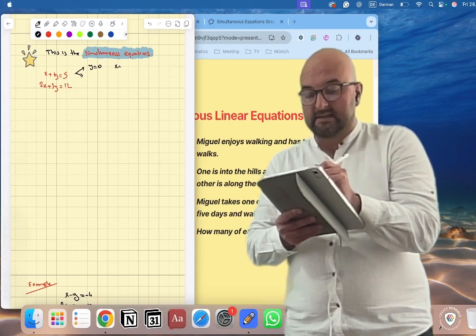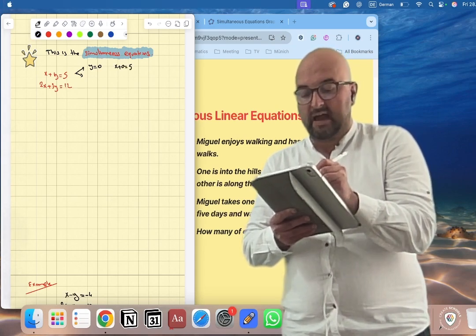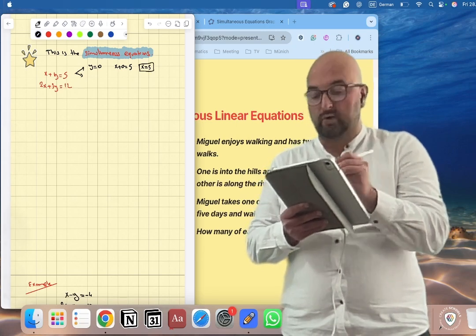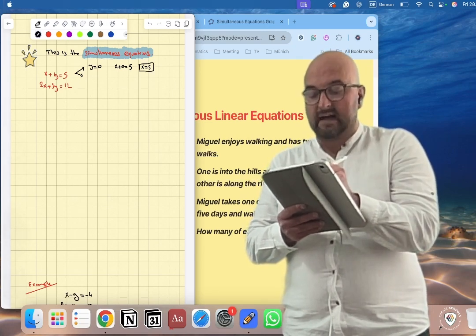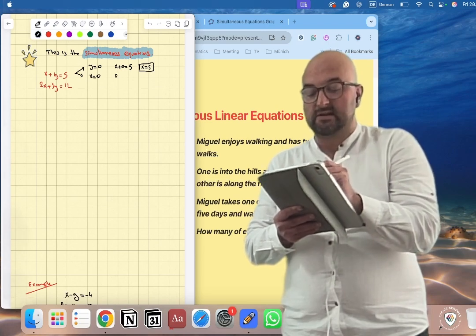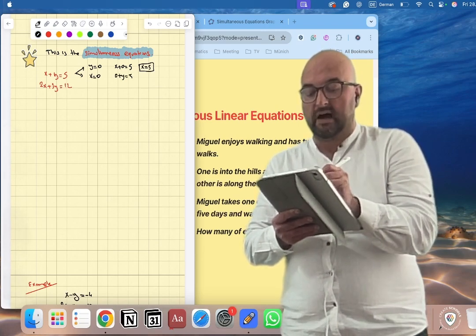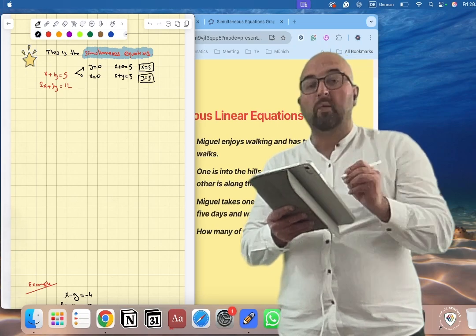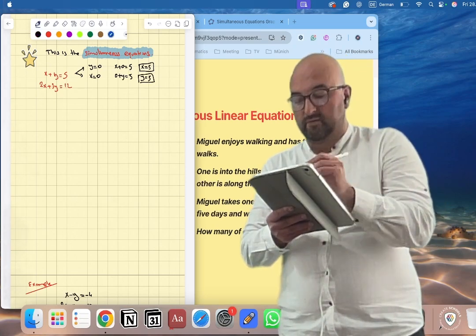So x plus 0 equals 5, and x equals 5. It is the x-intercept for the first equation. For the y-intercept, you need to write 0 replacing x, and then 0 plus y equals 5, and y equals 5. You can say the y-intercept is also 5.